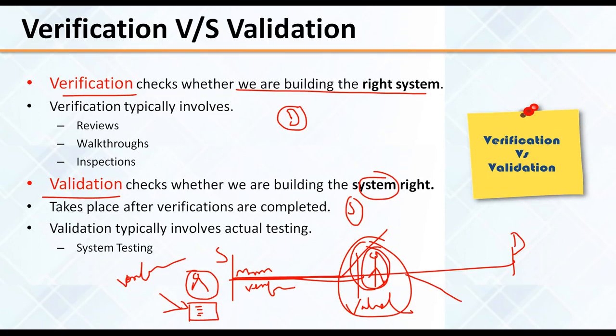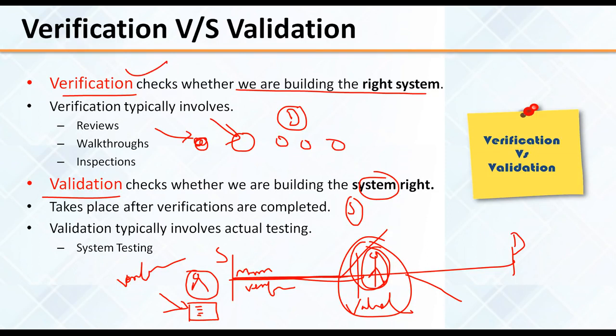But verification is, are we going to develop the correct software or not? Suppose I have developed some piece. Did we develop this properly or not? Or another version. Is the system we are developing right or not? That is step-by-step verification. Are we going in the right path or not?